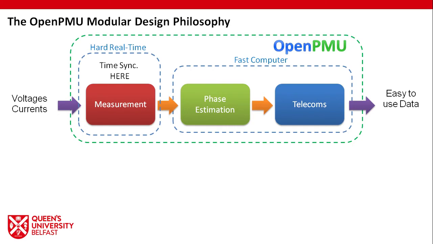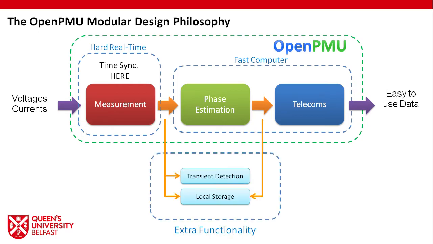Both the phase estimation stage and the telecommunication stage are not in any sense real time. They simply require a fast computer so that they can keep up with the pipeline of data coming from the hard real-time measurement process. In practice, using modern equipment, the fast computer in OpenPMU can be achieved using a Raspberry Pi. Virtually any other type of small embedded computer will also achieve this function.